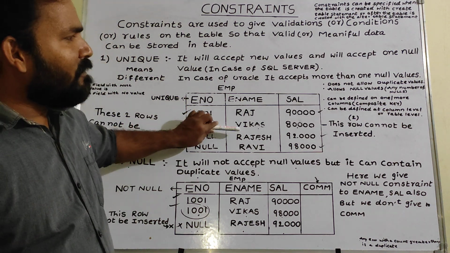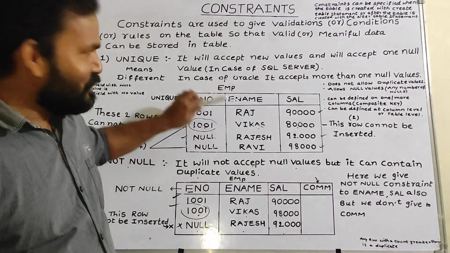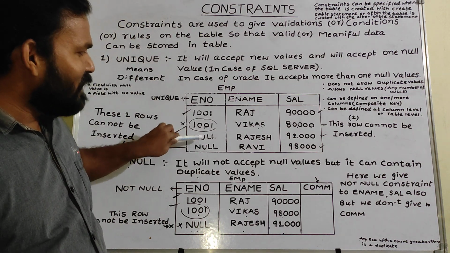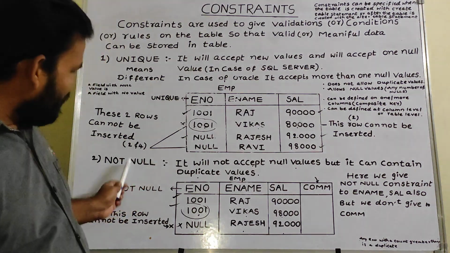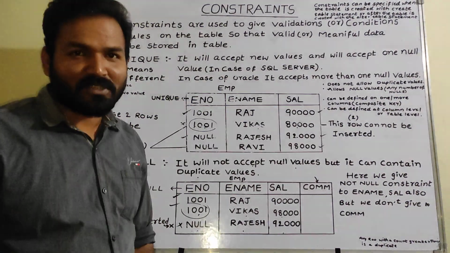The unique constraint will accept null values, but the not null constraint will not accept null values.